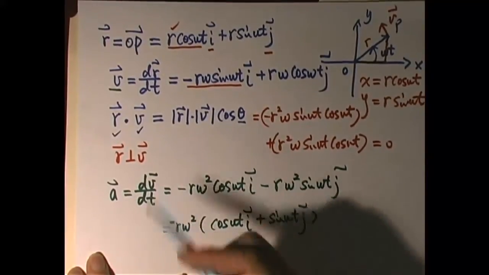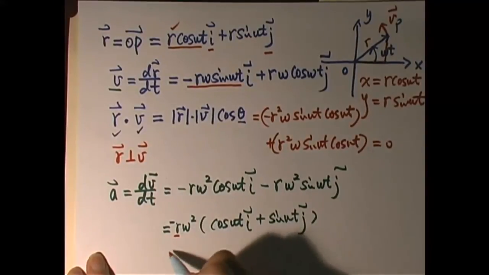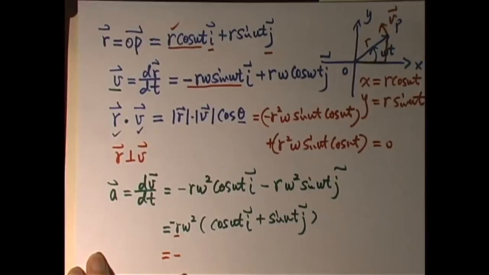Actually, I should put this r back in. Well, let's keep this r outside for a little while. Now, first of all, I want you to take a look at direction.